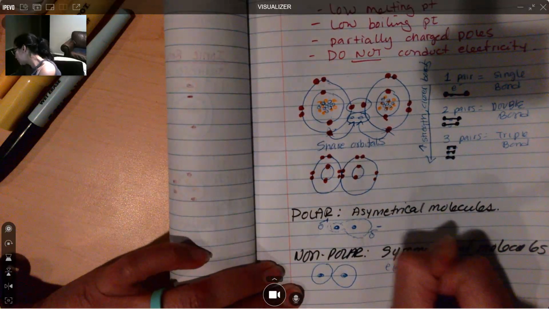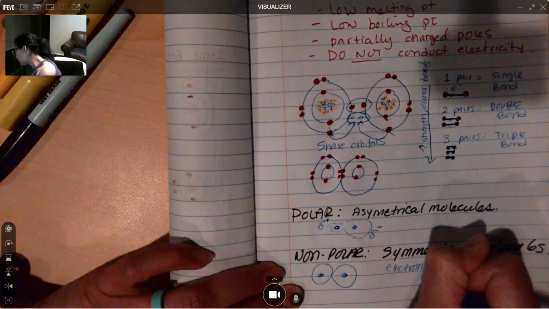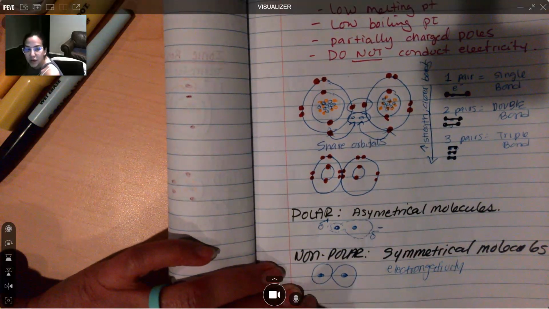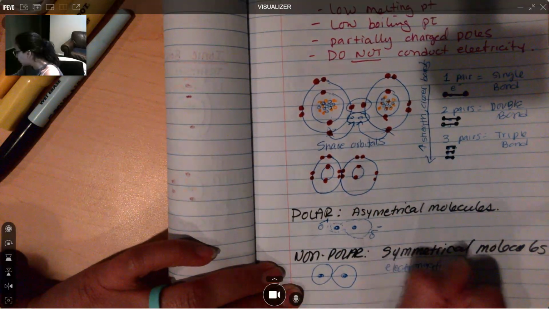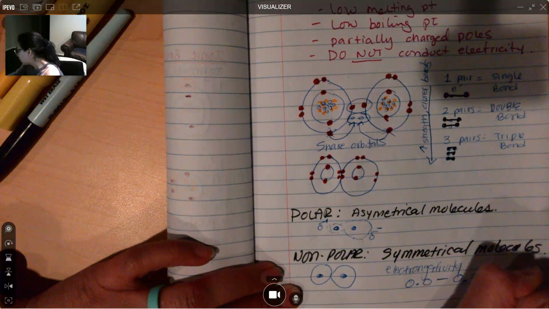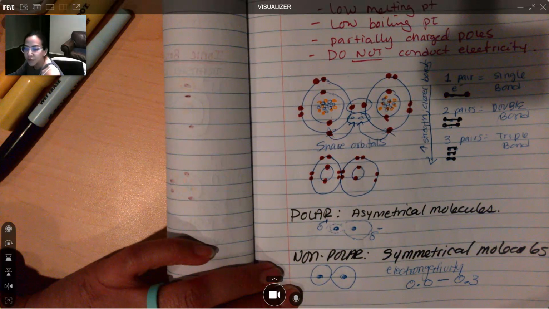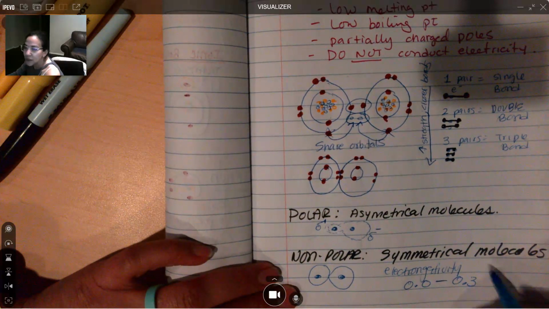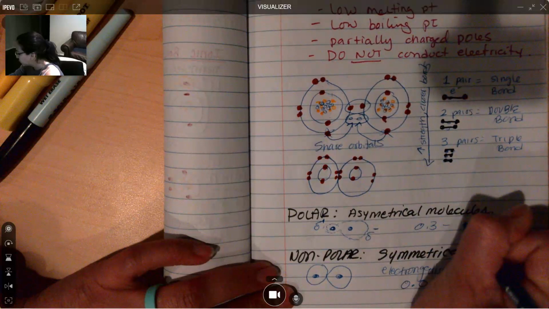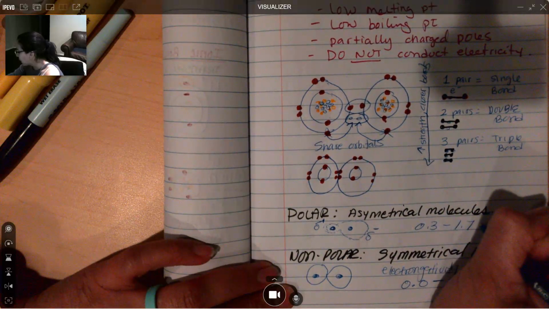Now, if we base it off electronegativity, in order for it to be nonpolar, it has to fall between 0.0 to 0.3. That's for your electronegativity. In order to be polar, you have to fall from 0.3 to 1.7 or higher.